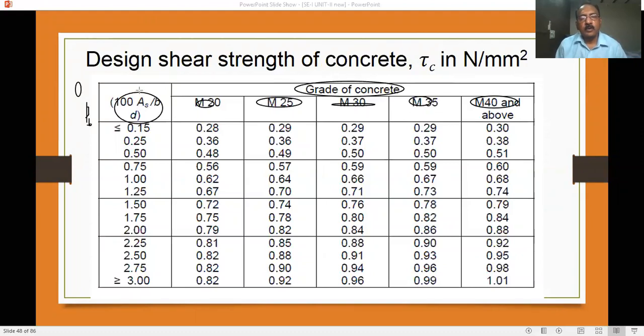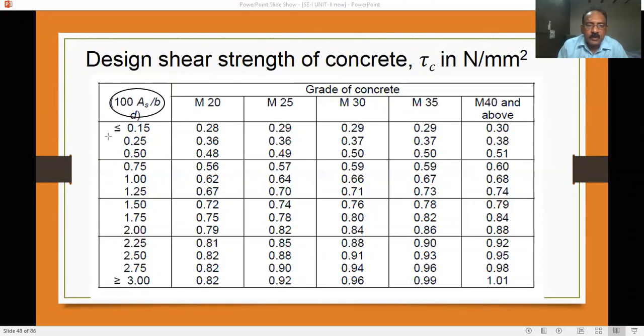In this code book, it shows how to calculate the design shear strength of concrete after designing your beam, from the percentage of longitudinal reinforcement and grade of your concrete, by interpolation.